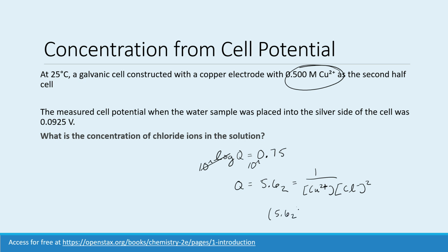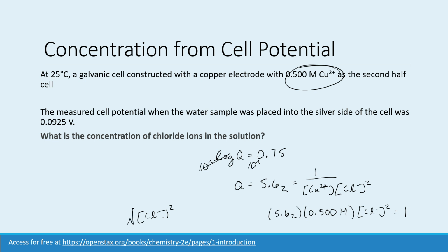And we can, of course, bring that over and manipulate. We get the 5.62 times that copper ion concentration of 0.500, and then, of course, times the chloride ion concentration raised to the second power equals 1.